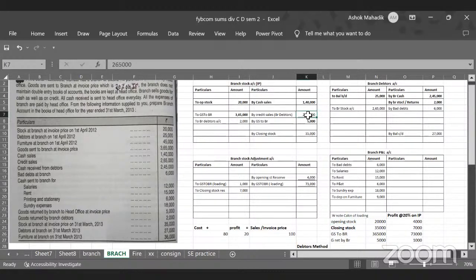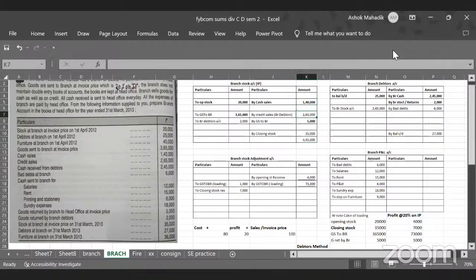In case stock account has any balance, it will be on account of shortage or surplus. If it tallies, well and good. If stock has a balancing figure on debit side, it will be shortage. If it is on credit side, it will be surplus. So let us see if our account tallies or not.